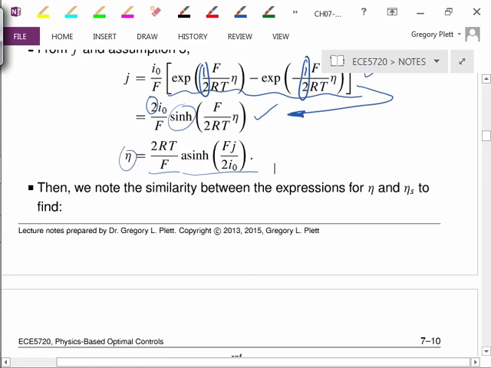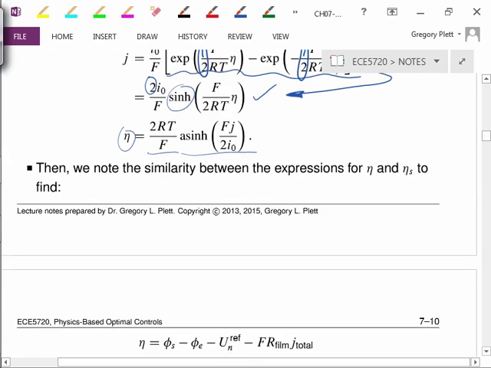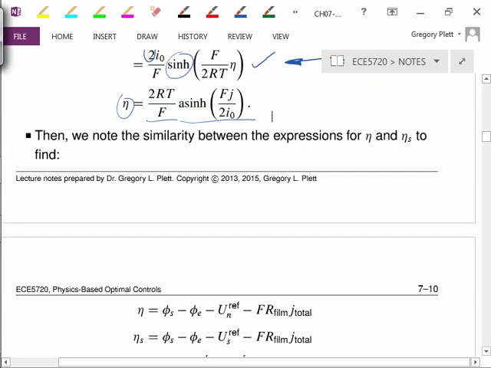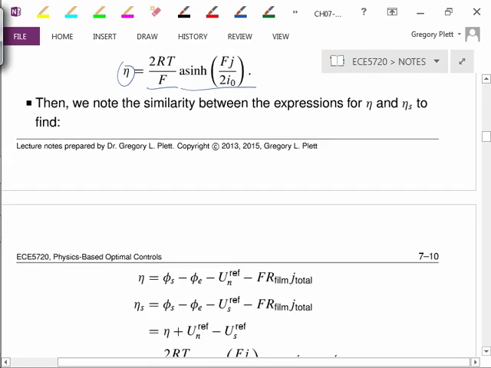So I've got an expression for eta, and let's look at eta and eta s right side by side. Eta is the normal reaction overpotential, eta s is the side reaction overpotential, and there's an awful lot of similarities. They both have phi s, they both have minus phi e, they both have minus F R film J total in them.